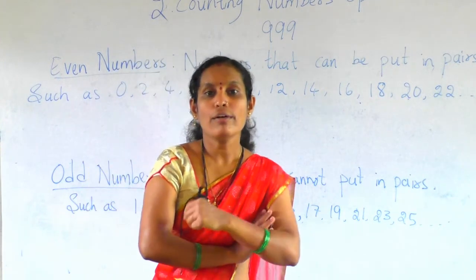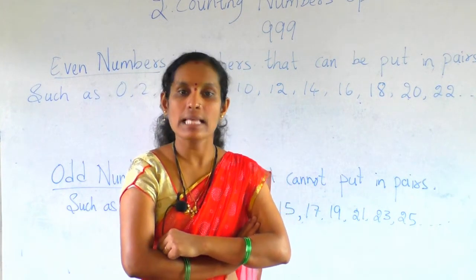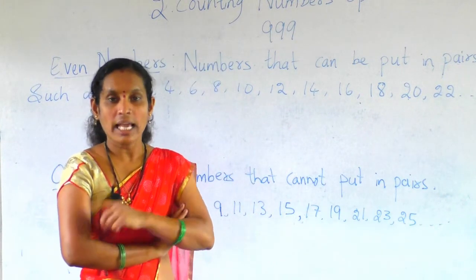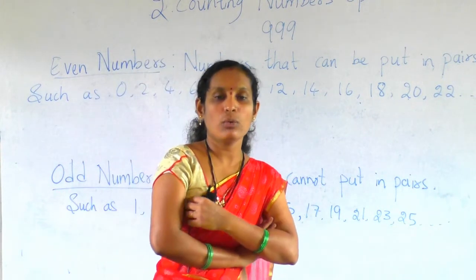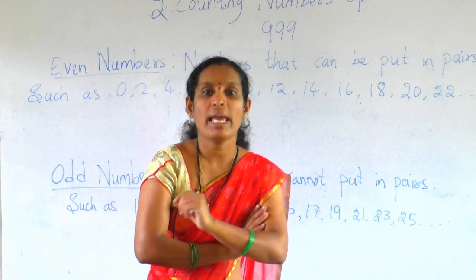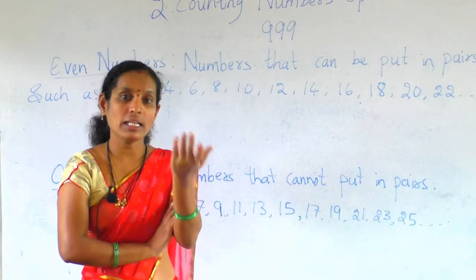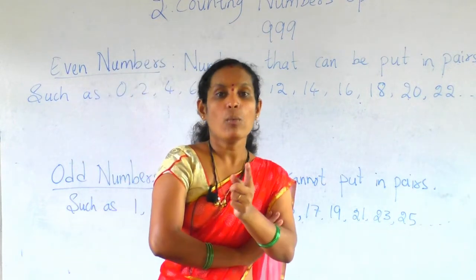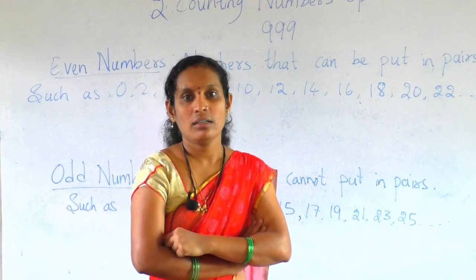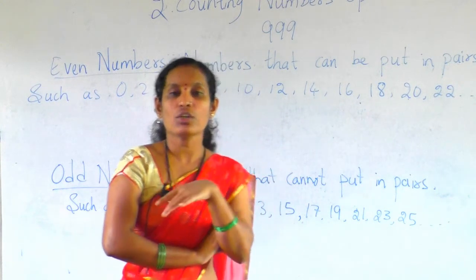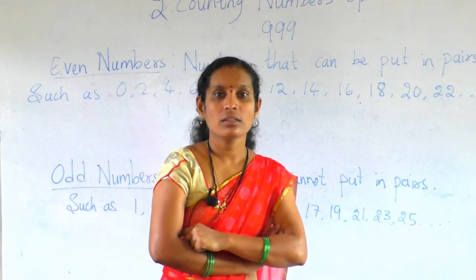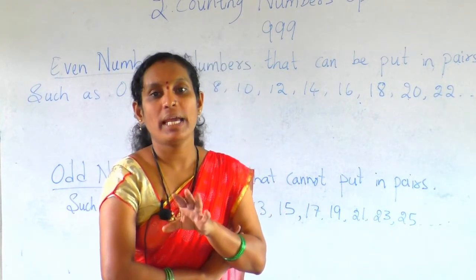If you take footwear, chappals, sandals, they are not giving only 1 chappal or 1 sandal, they are giving a pair, 1 pair. You tell them, give me 1 pair of chappals, and they show you a pair. 2 pairs means he will show you 2 separate pairs. Understood? This is a pairing.